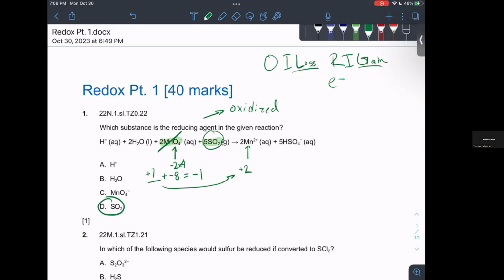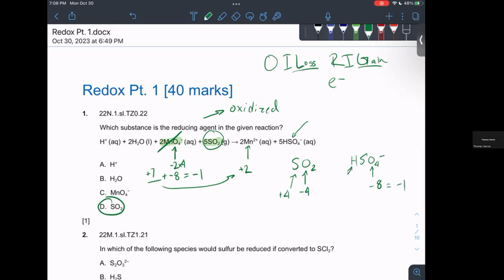If we want to double check, we can see that in SO2, each oxygen is a -2 for a total of -4. Therefore, the sulfur has an oxidation state of +4. Then in HSO4 minus, each oxygen is -2 times 4, which is -8. We end up with -1.